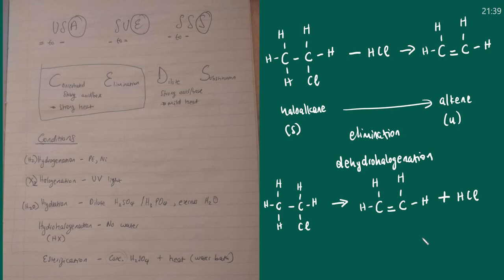Then this is how you show an elimination reaction using structural formulae, which means you have moved from a chloroethane to what? To an ethene plus hydrochloric acid.